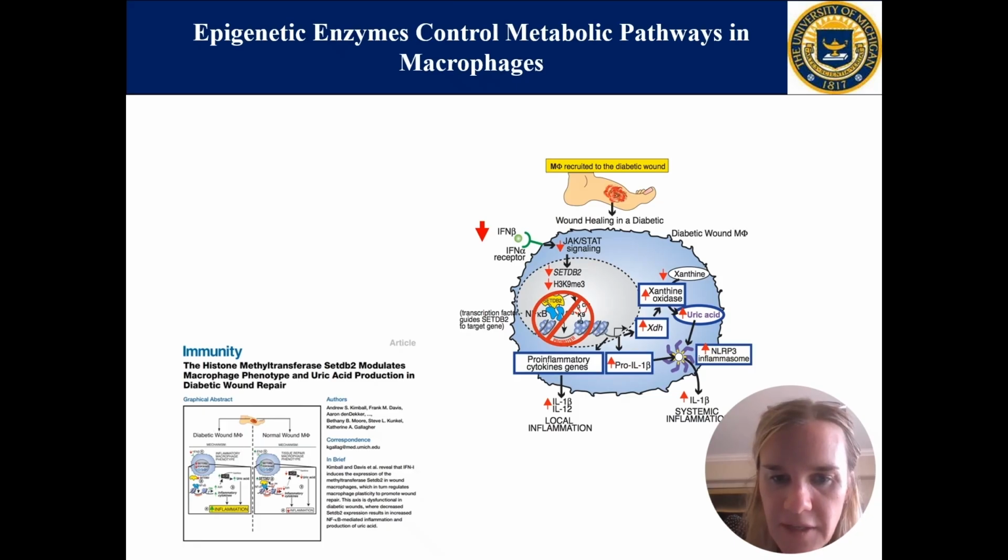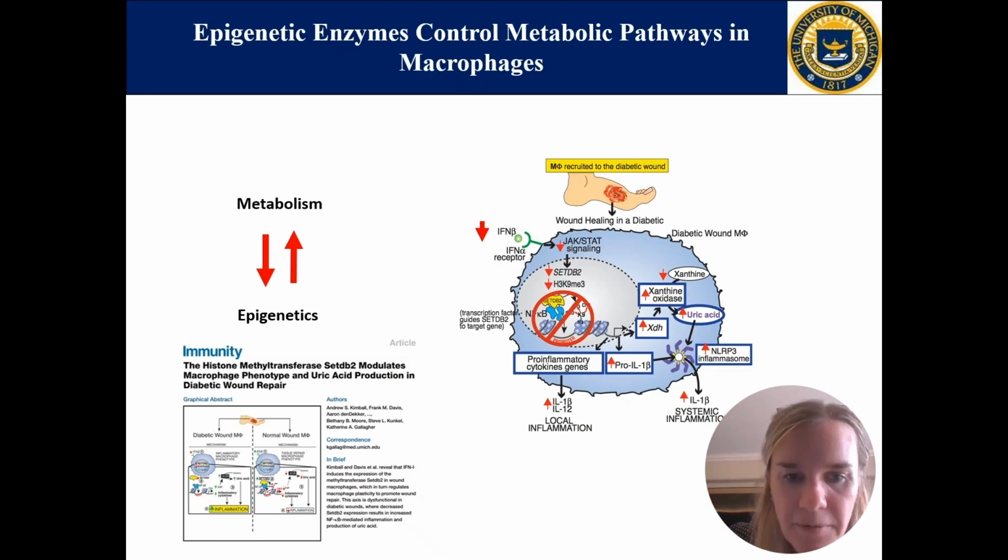So we also found that SETDB2 is interlinked with inflammatory uric acid metabolism. And so by not being able to upregulate SETDB2, you also can't turn off your uric acid, which is a big problem in diabetes in general, but also in diabetic wound healing. So again, our group is looking at ways to increase SETDB2 via modulation of this interferon JAK-STAT cascade.